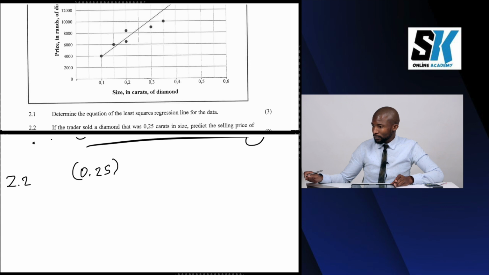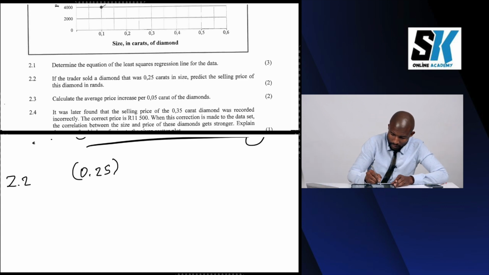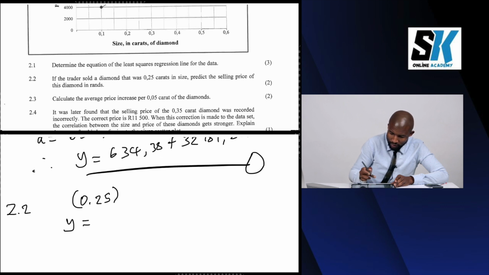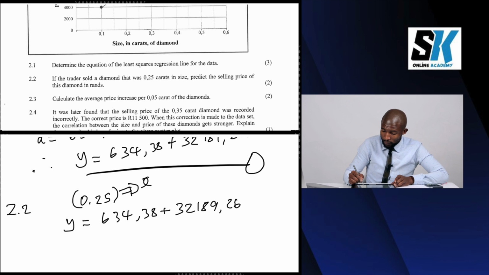So the selling price, you just simply use the formula that you just got. So it's going to be y equals 634.38 plus 32,189.26, and then in place of x we substitute this 0.25.